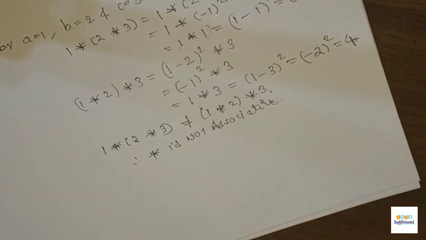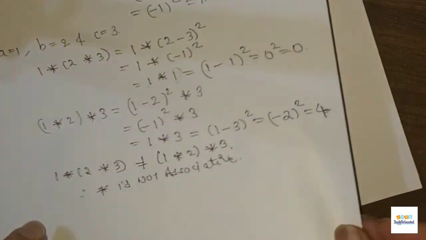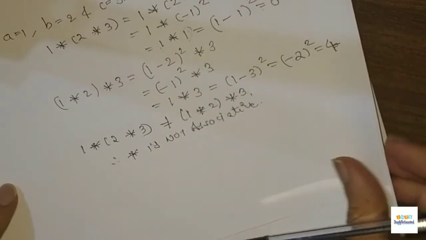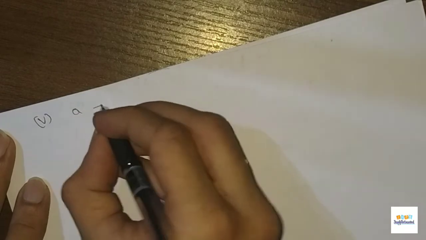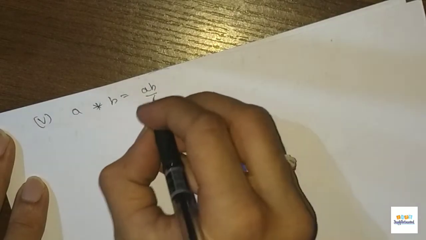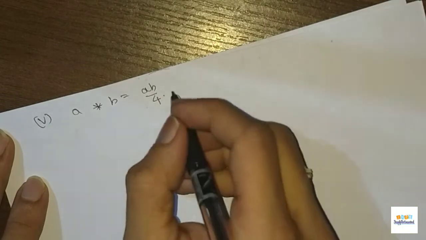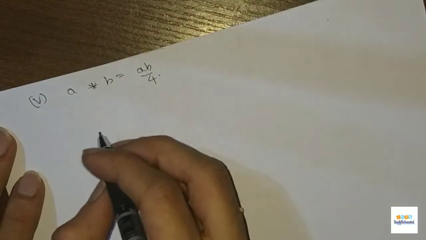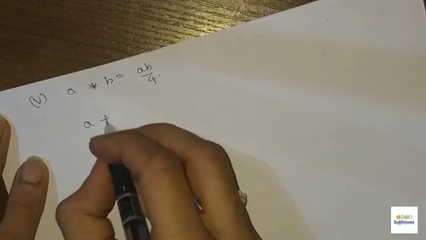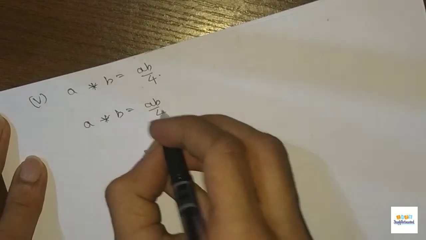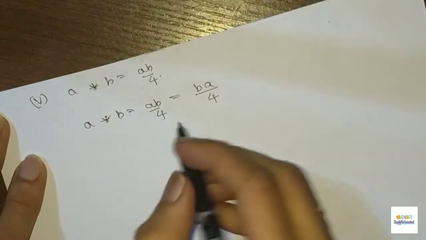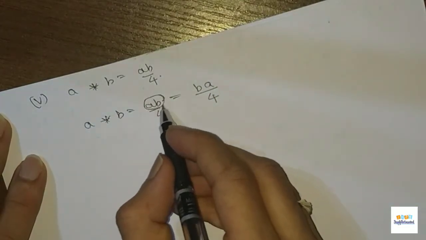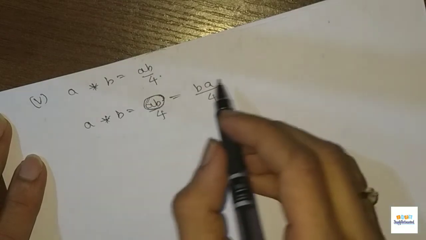Now let us look at the fifth problem. It is given a star b is equal to a multiplied by b divided by 4. Now if you look at a star b, it is equal to a multiplied by b by 4, which is equal to b multiplied by a by 4, since in the real numbers the order of multiplication is not important, ab is equal to ba.